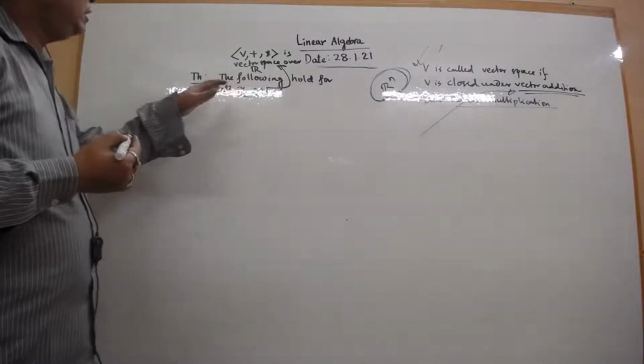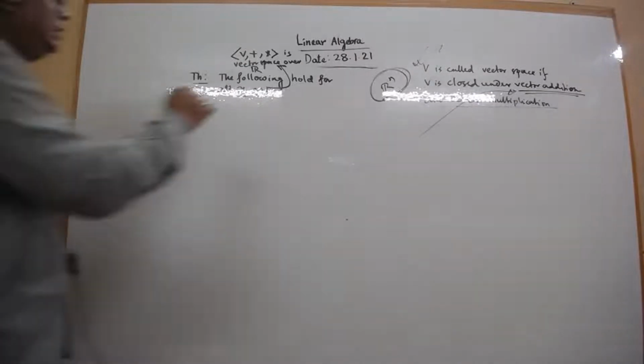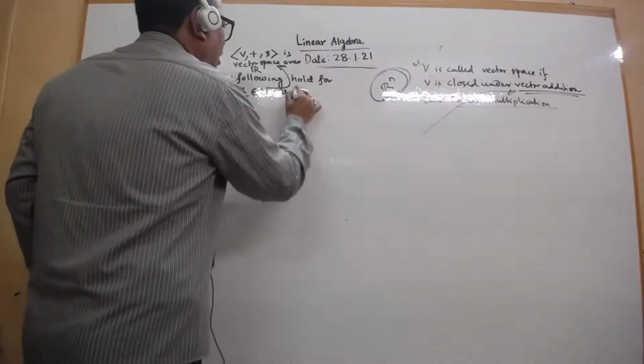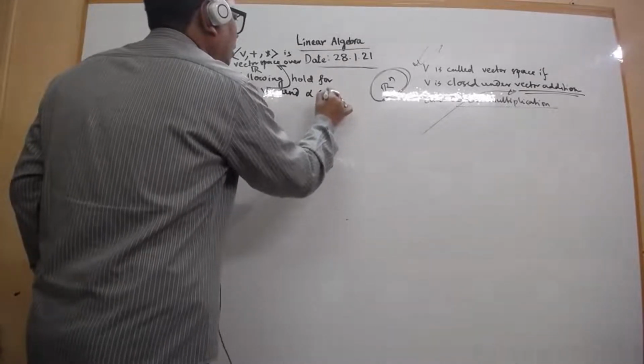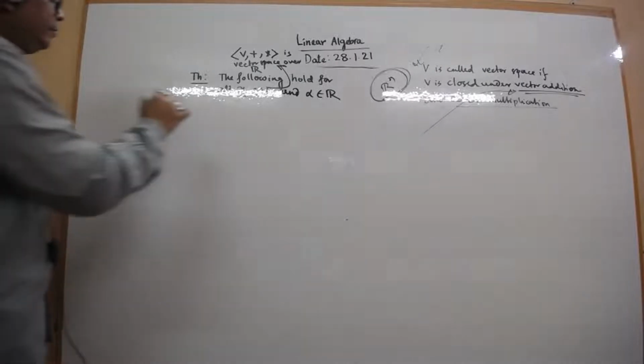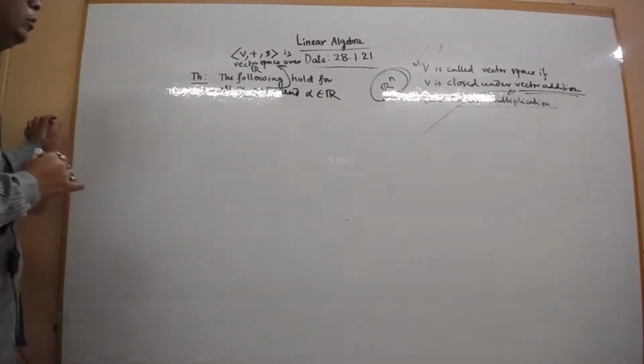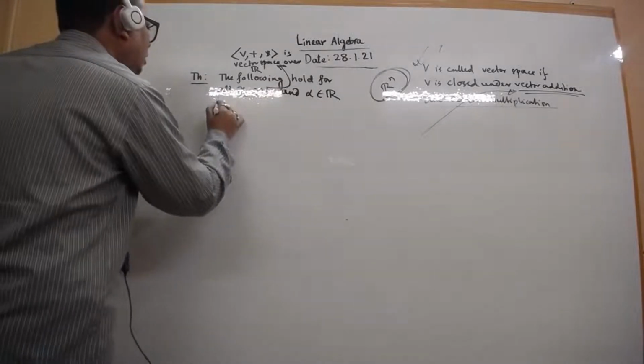The following holds for all x belonging to V and alpha belonging to R.